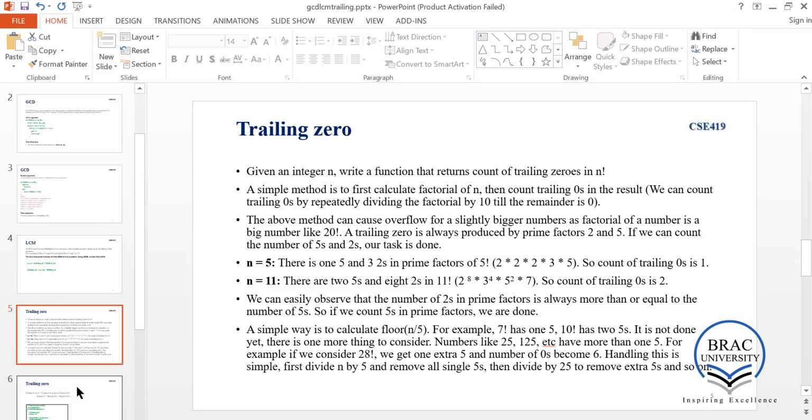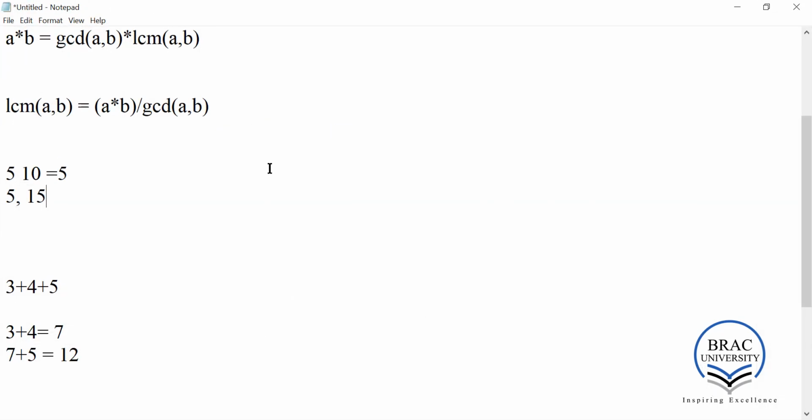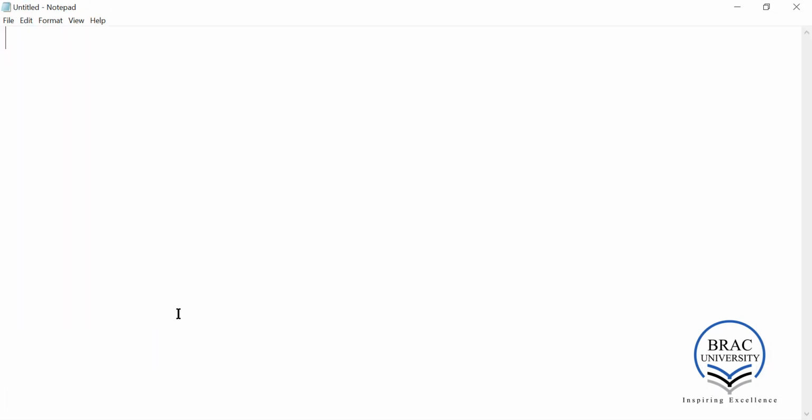Now trailing zero. What is trailing zero? Trailing zero means, just like if I tell you that I have a number called 120030, trailing zero means the zeros on the right side. Okay, so the number of trailing zeros here is 1.